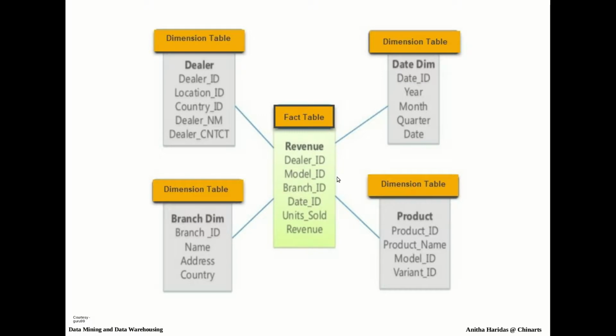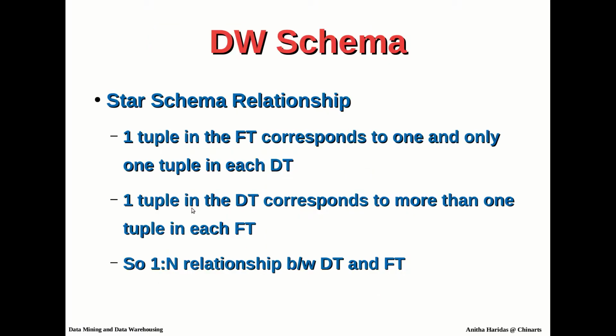Like that, for each item, for each branch, the dealer name or dealer ID will be repeated here. So what happens? One tuple in the dimension table will have more than one entry in the fact table. So the relationship is a one to many relationship, right? So that is what you call a star schema.